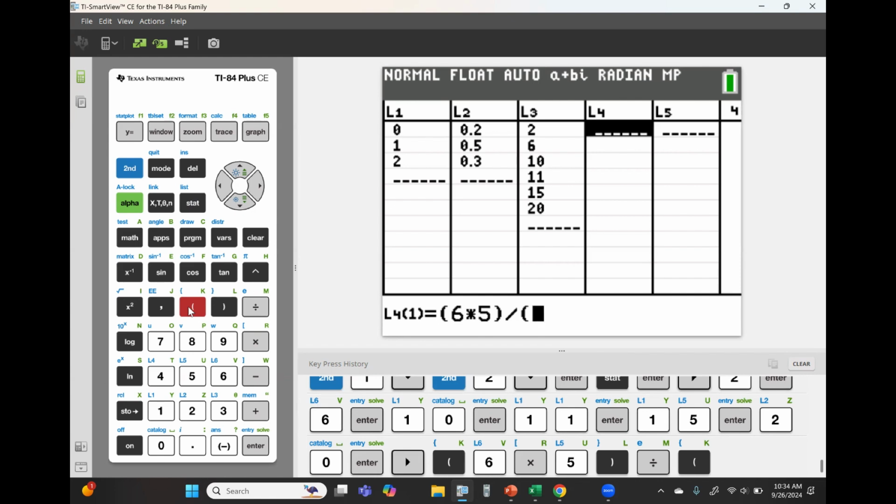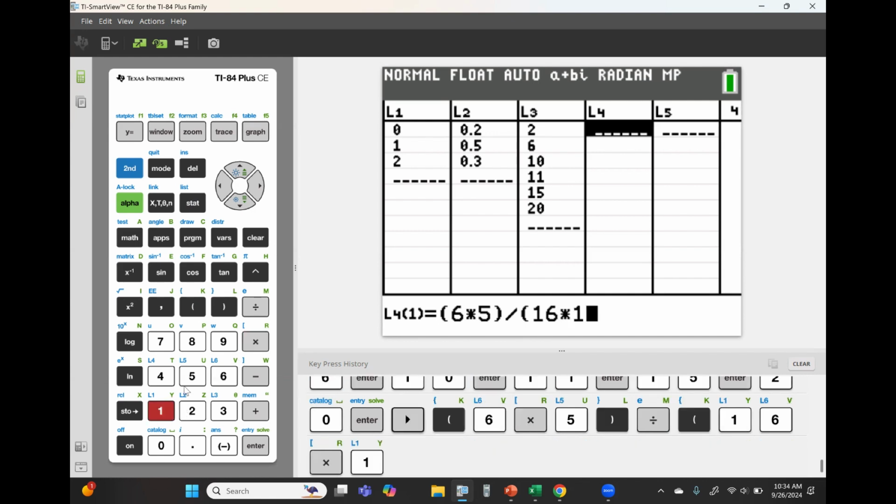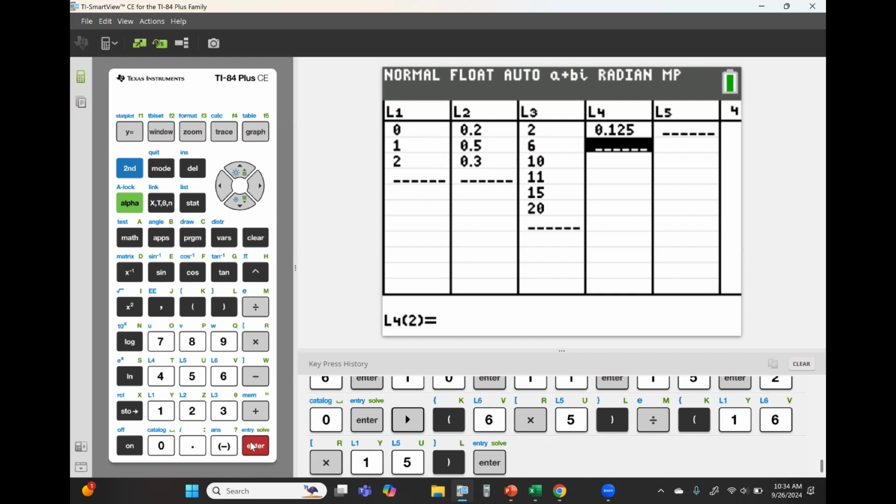Now I could just do it straight across, but 16 times 15? Sweet. So is it going to be in there when I'm ready to go?